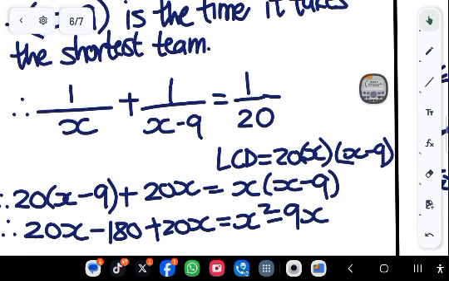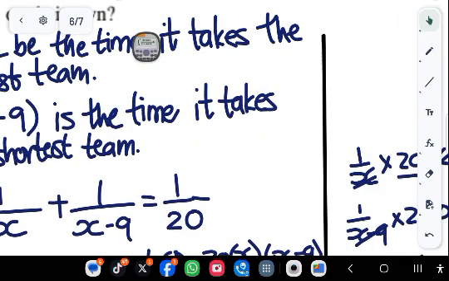Okay, take everything to the right hand side, add like terms.